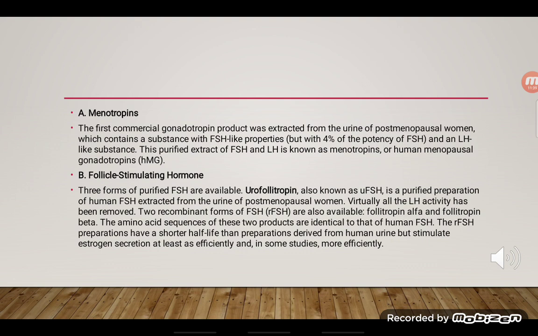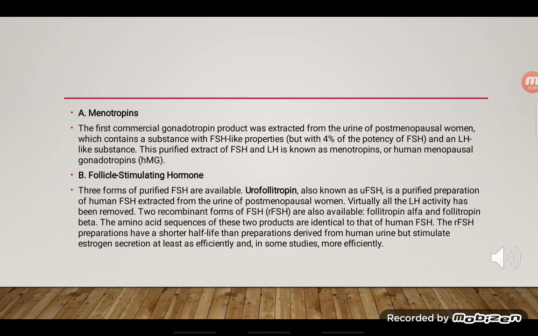It contains both FSH and LH-like properties, and it is sometimes called human menopausal gonadotropins. Human menopausal gonadotropins, menotropins, with FSH and LH properties.